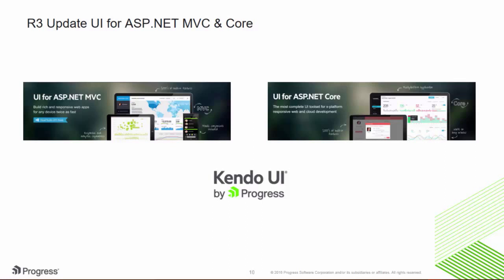You also get full control of the user experience with robust client-side APIs. With UI for MVC and Core, you get more than that. You get server-side rendering using Razor helpers and tag helpers, which means you have full IntelliSense and Visual Studio scaffolding to boost productivity. So let's take a look at what's new.